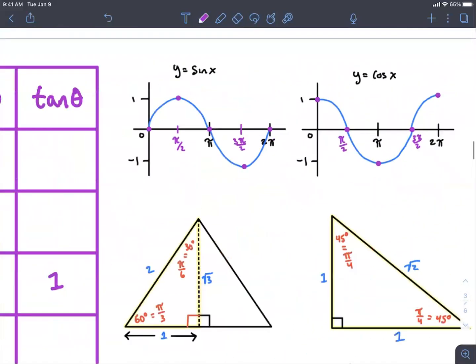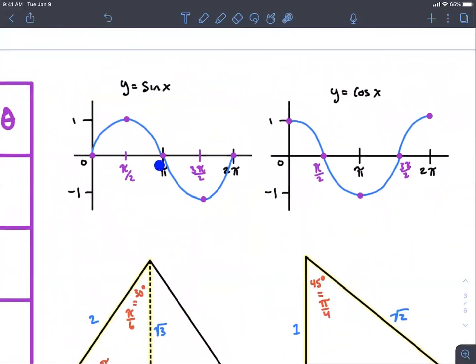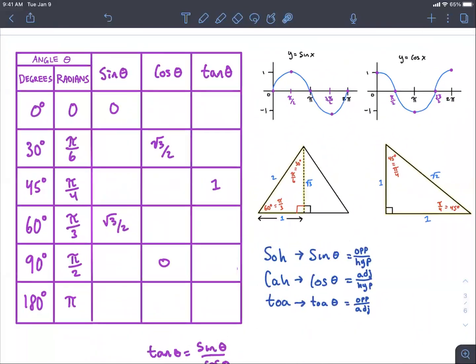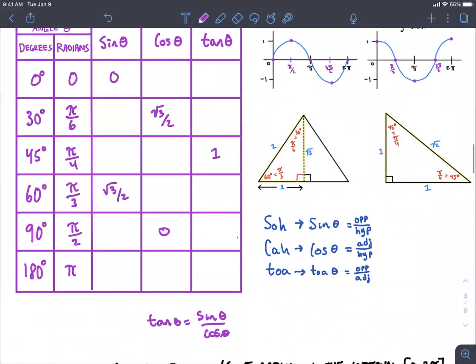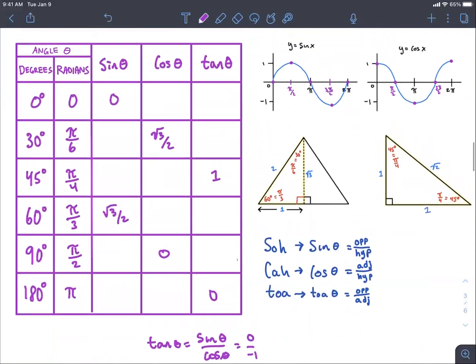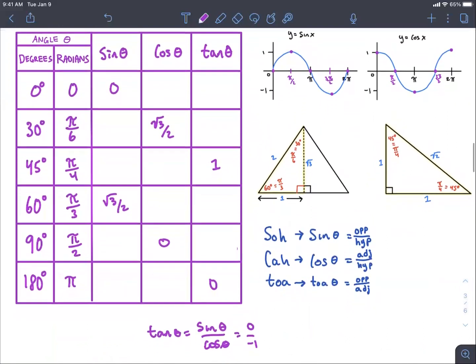And that's from these diagrams here, right? So the sine of pi is 0. And the cosine of pi is -1. So we end up with 0 over -1, which actually is 0.